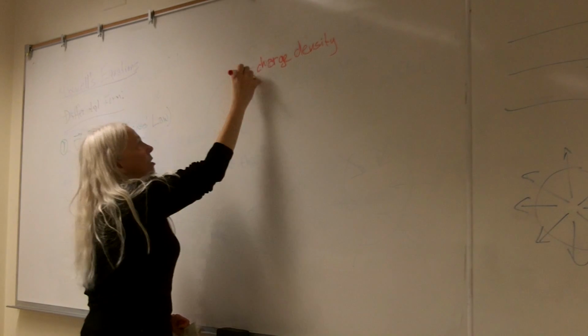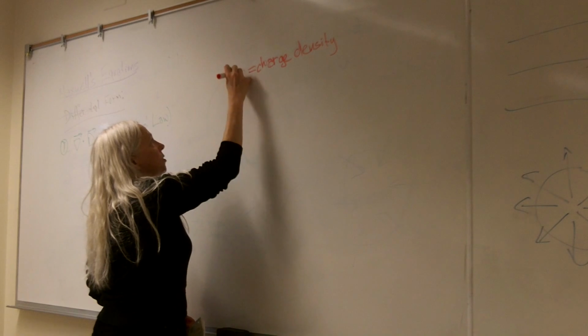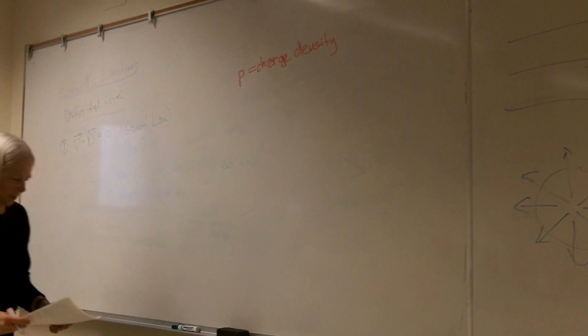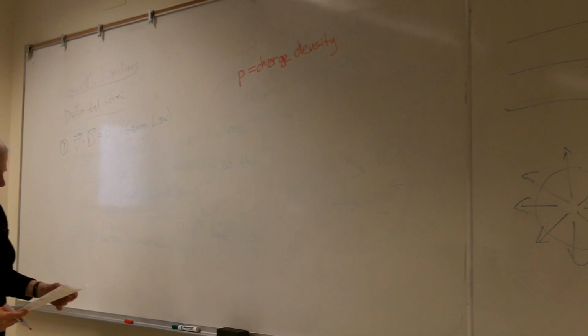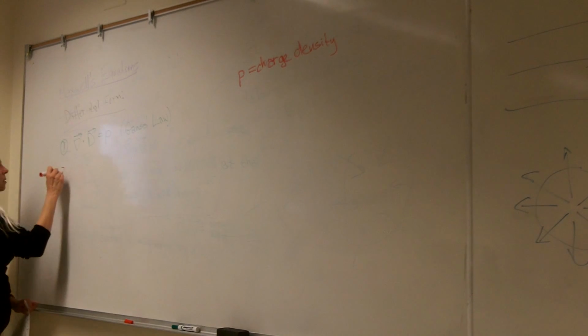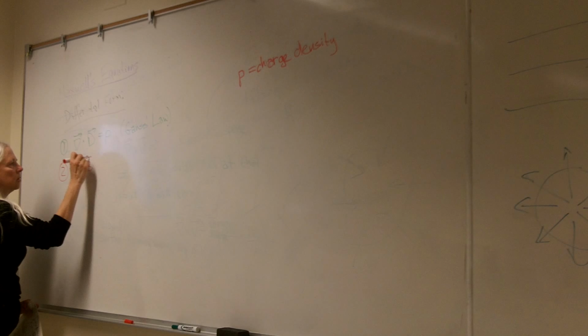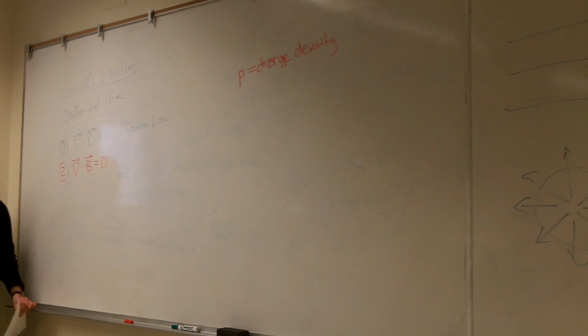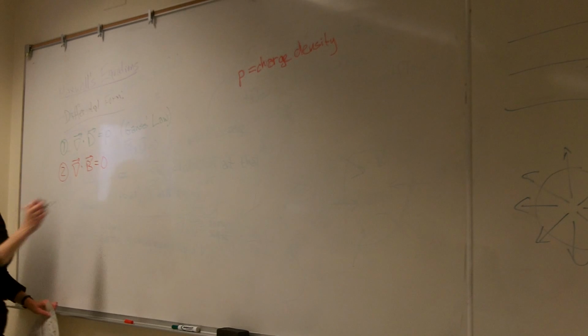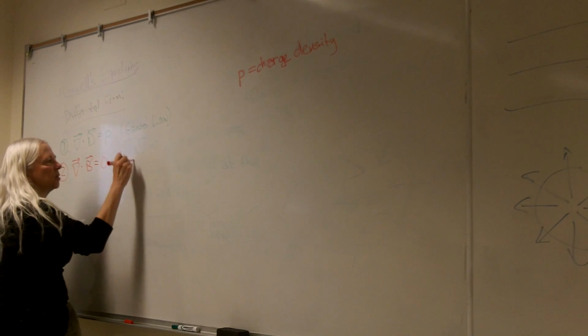So rho is the charge density, or in other words, charge per unit volume. I'll define the vector fields here that I'm using in a moment, but this one is Gauss's law for magnetism.